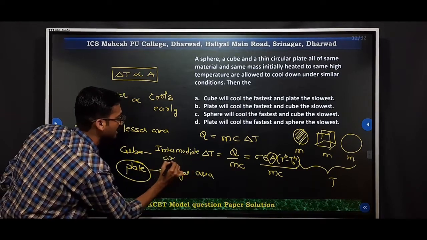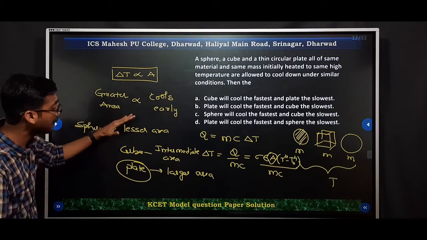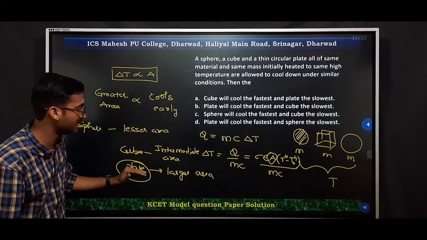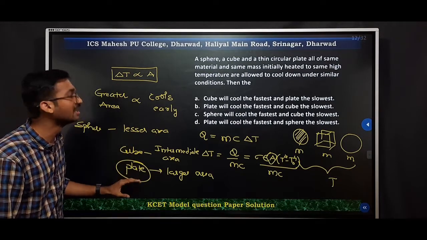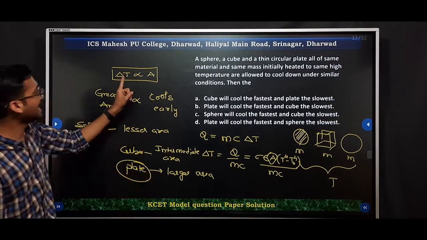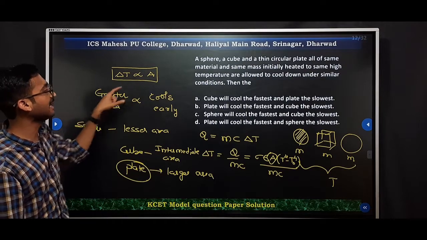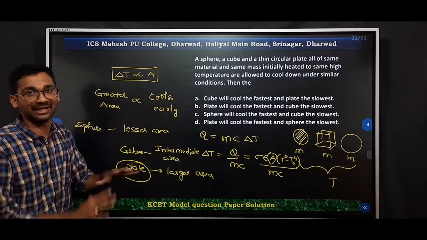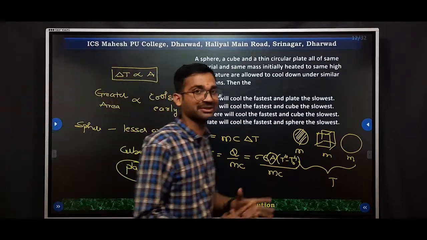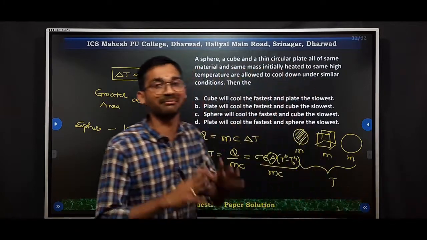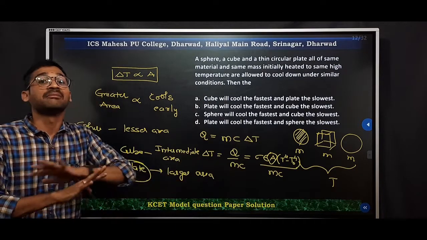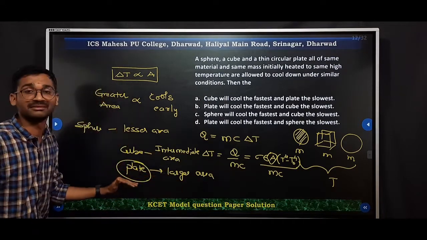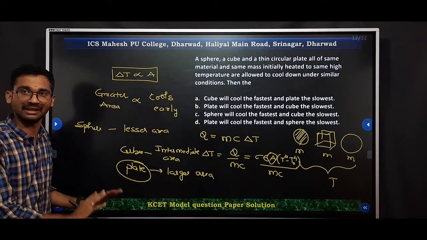Comparing all three objects, we can say the plate will cool fastest, because as the theory tells us, the greater the area, the earlier it cools. For example, if we have a teacup which is too hot, what do we do to make it cool early? We keep it in the saucer. The same thing applies here: the greater the area.